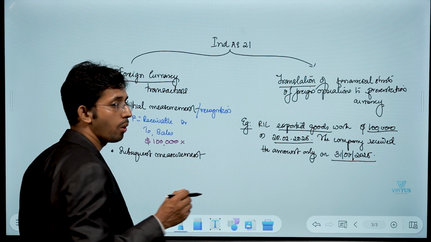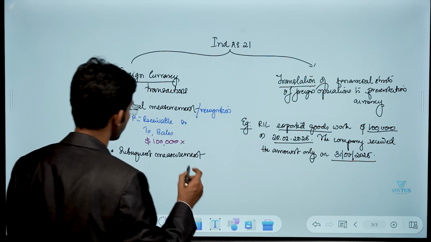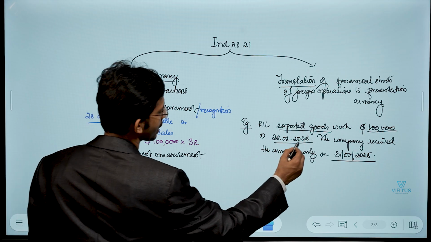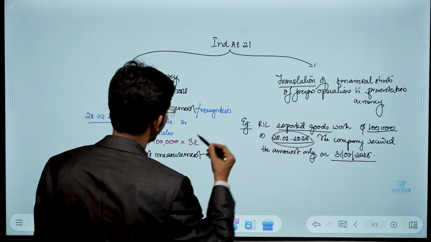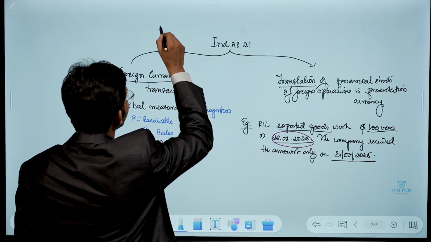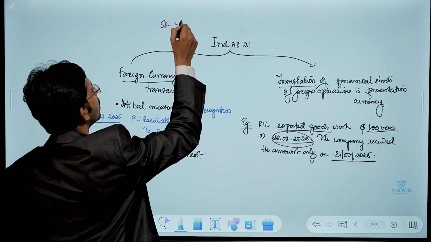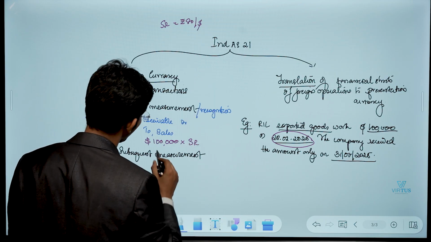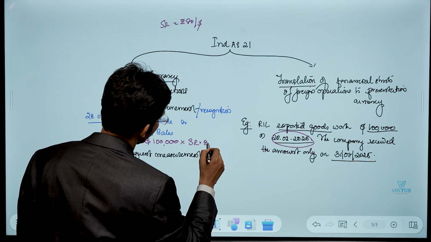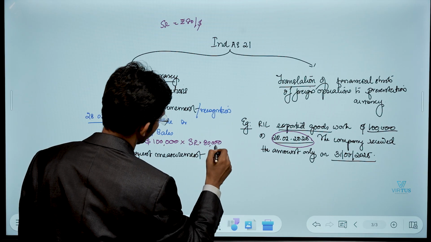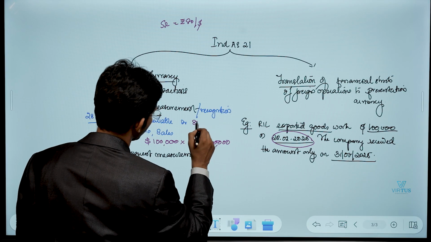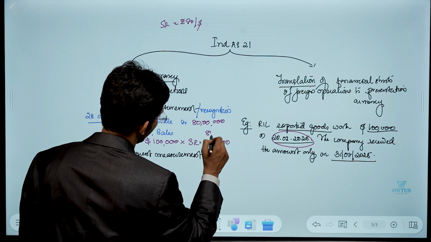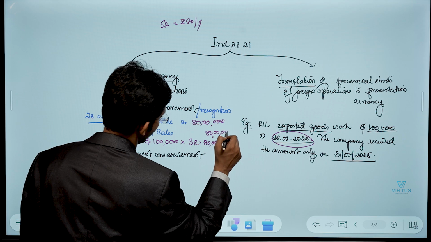So the spot rate of the transaction date. We write it as spot rate, SR. And let's say on this transaction date, that is 28/2/2025, the spot rate was, let's say, 80 rupees per dollar. Let's assume. So what will it be? It is 80 lakhs. So this is going to be 80 lakhs over here, and here also 80 lakhs.